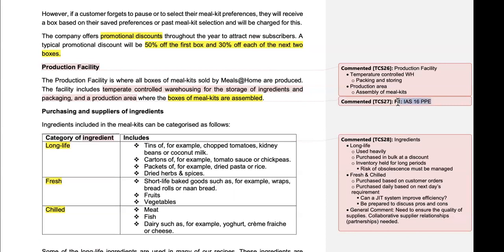So for instance, you can see based on the information provided, I've highlighted the fact that IAS 16 property, plant and equipment will definitely be tested in the exam. And likewise, all syllabus areas are highlighted. And on top of that, the CIMA examiner hides some tips or some scenarios which can be tested at your exam.